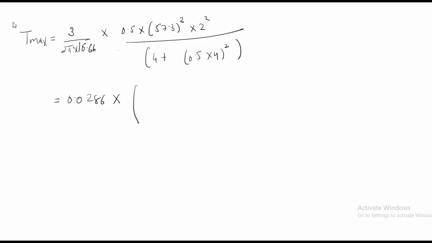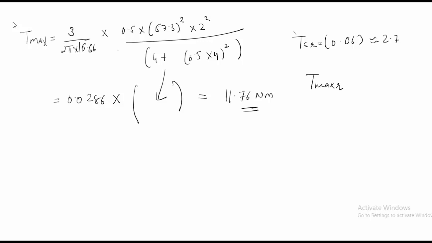If you are substituting it, you'll get a torque close to 11.76 Newton meter. Your running torque at 0.06 slip was close to 2.7, while your maximum running torque at a slip of 0.5 is equal to 11.76 Newton meter.